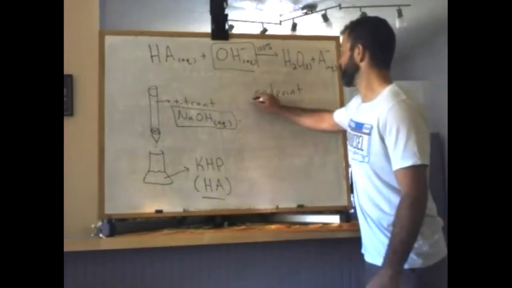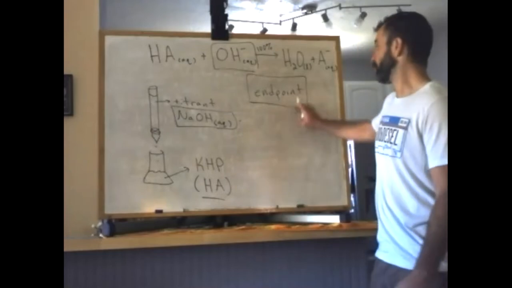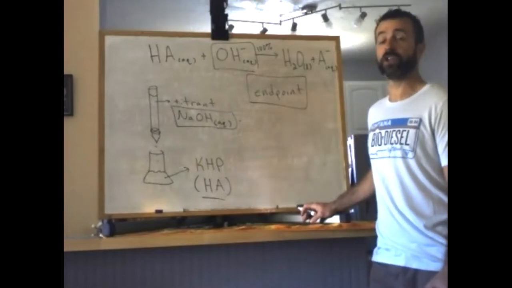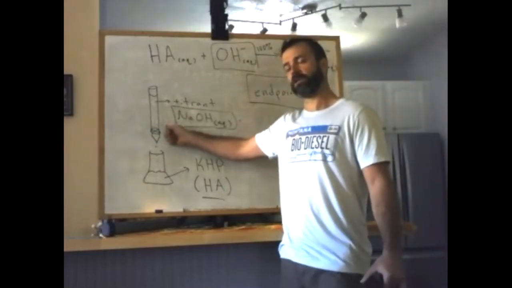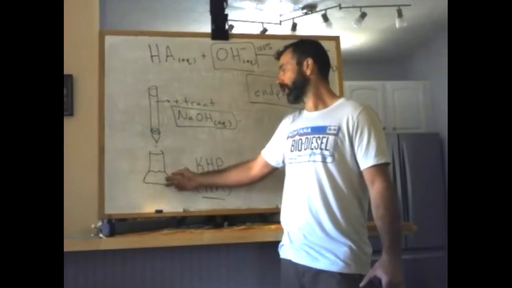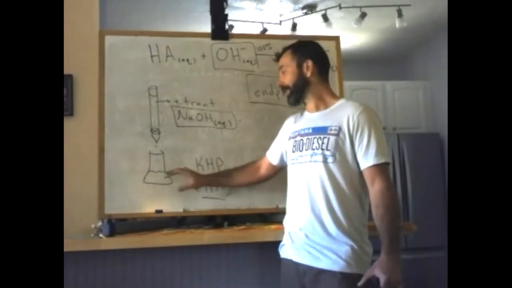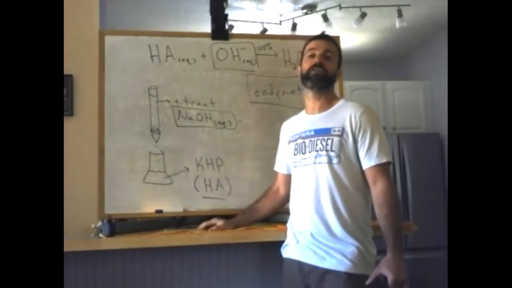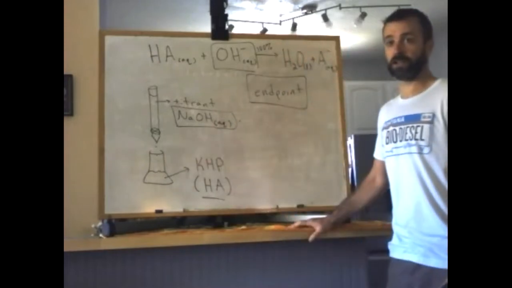And we're going to use this clear to faint pink color change to determine the end point. We'll take that as the end point of the titration. So we're adding our sodium hydroxide, and all of a sudden, when we see the solution go from clear to a faint pink, and that faint pink persists, it stays around for, I don't know, 15 seconds or so, we will take that as the end point of our titration.